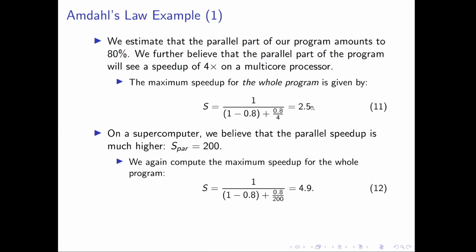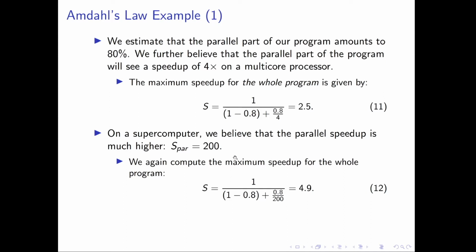Then we make another estimate, where we want to make a prediction of how fast our program would actually run on a supercomputer. There we estimate that the speedup for the parallel part of the program would be 200.